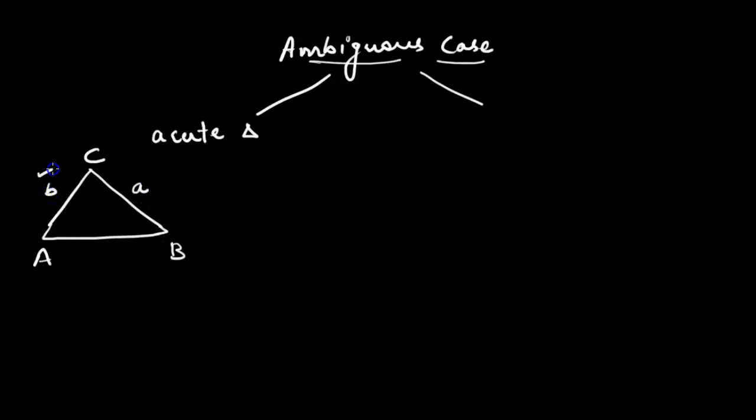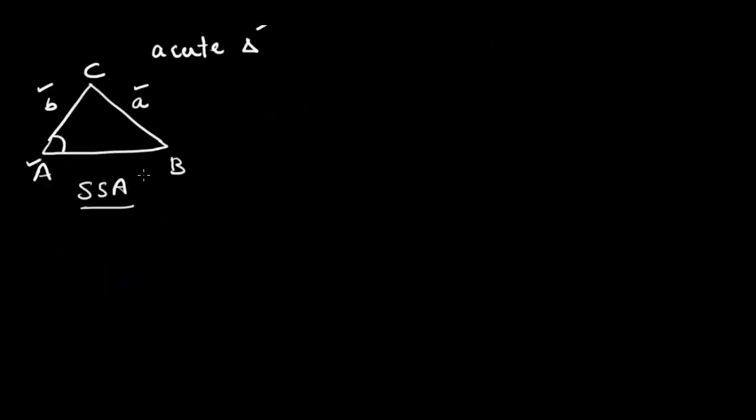Let's say we are given side b, side a, and angle A. Then the situation we are in is called SSA triangle. Whenever we are given an acute triangle that has SSA situation, the first thing that we have to do is find the perpendicular height of the triangle. This perpendicular height is going to be drawn from the third vertex and is going to be called h.